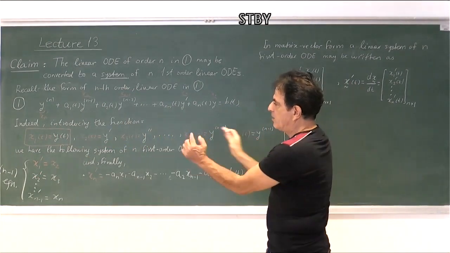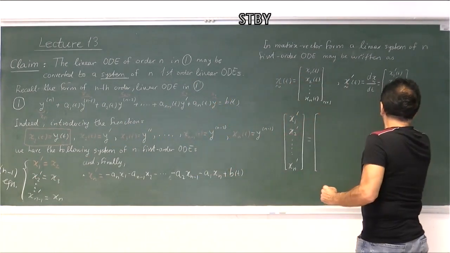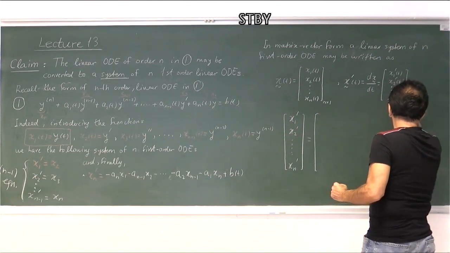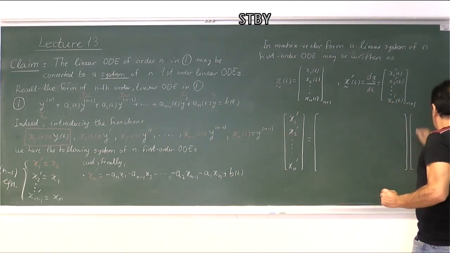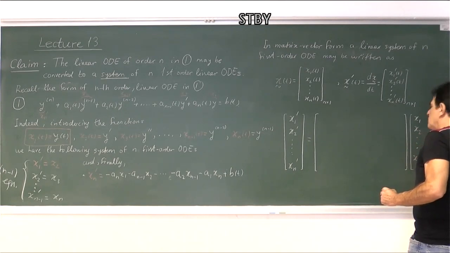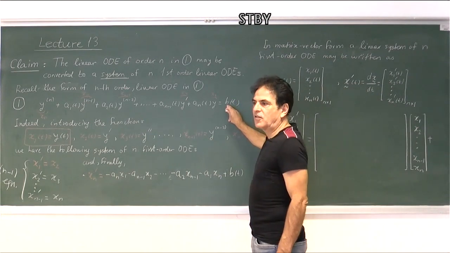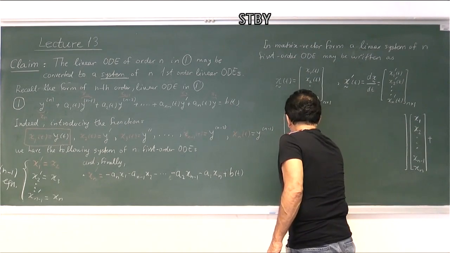And the right-hand side may be written as a vector, which is the product of a matrix and the vector x with components x1, x2, up to xn minus 1, and finally xn, plus an additional vector function containing the non-homogeneity term. Good. Let's write one more, xn minus 1, xn prime.